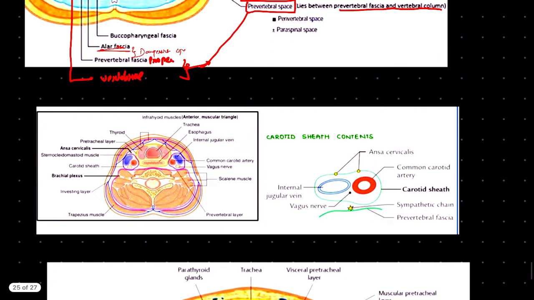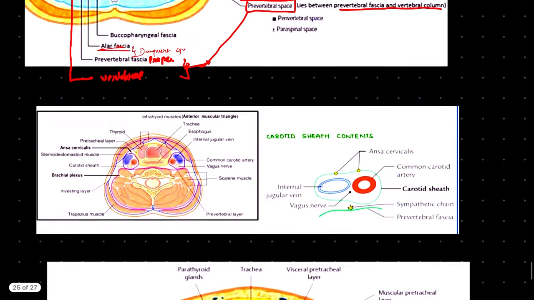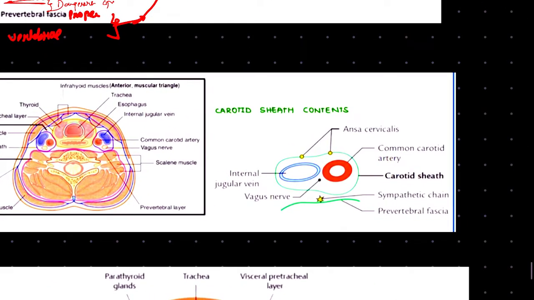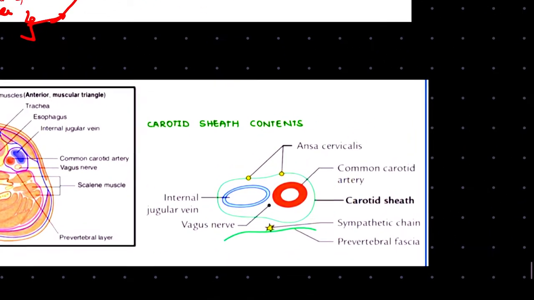It is the same diagram. Now in this diagram, we need to know about the carotid sheath contents. We have already discussed a bit about it. This is the common carotid artery or internal carotid artery, the medial component.